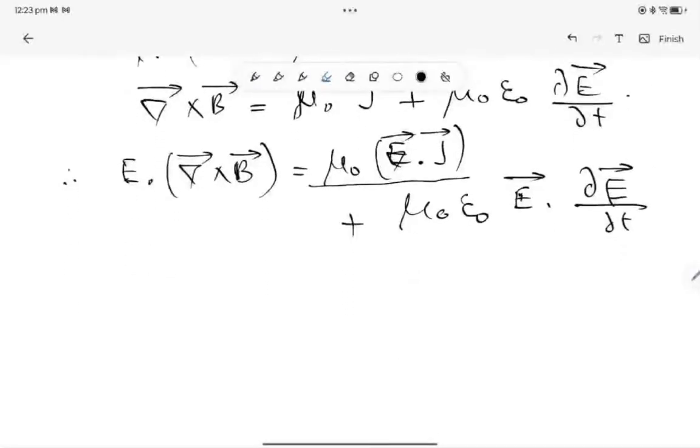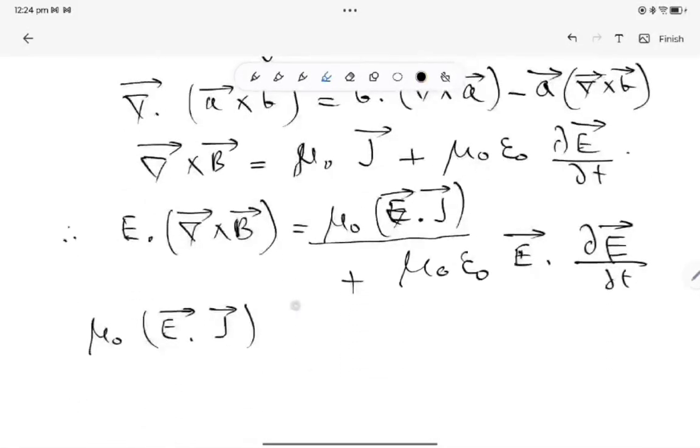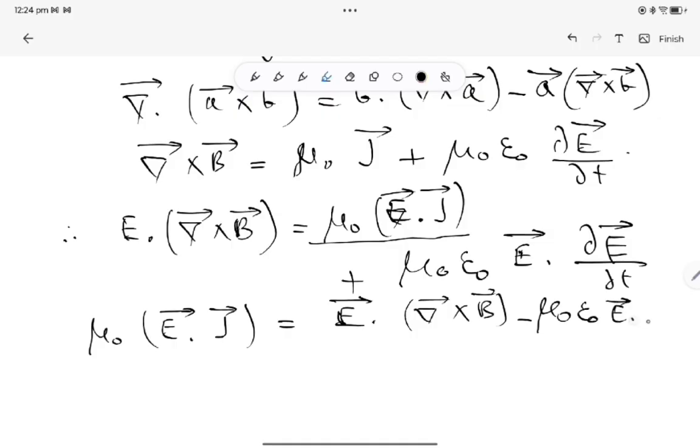We'll get mu naught E dot J. This is a term that we require. E dot J is equal to, transferring this to that side, E dot del cross B minus mu naught epsilon naught E dot del E by del T.